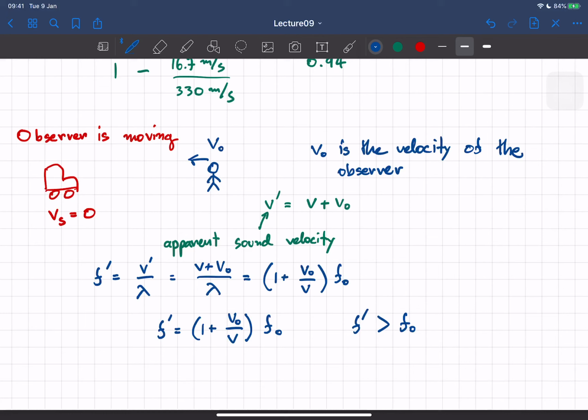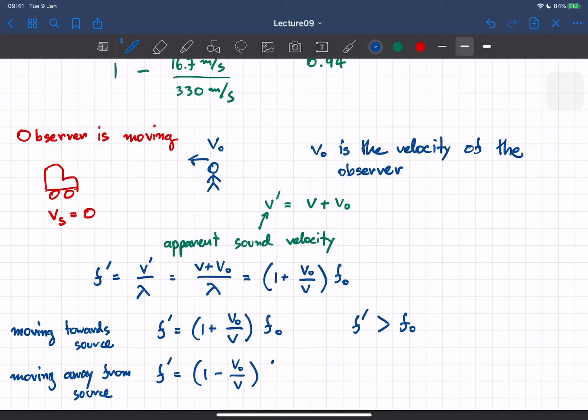If you move away from the source, then you're going to flip the sign. So this is moving towards the source, and the next line is moving away from the source. And what's going to happen is you just flip the sign here. So in this case, f prime will be less than f0, right?